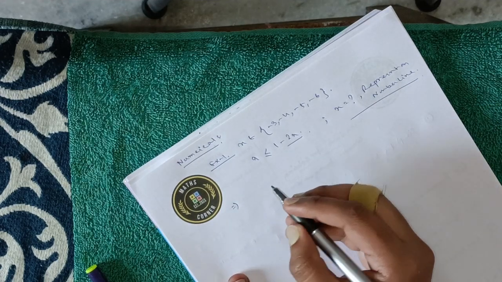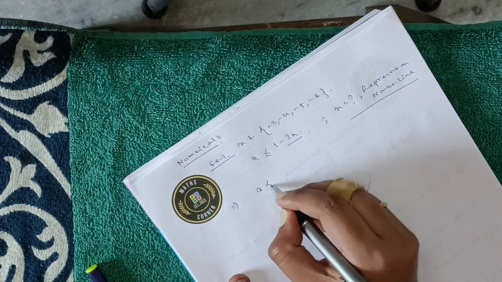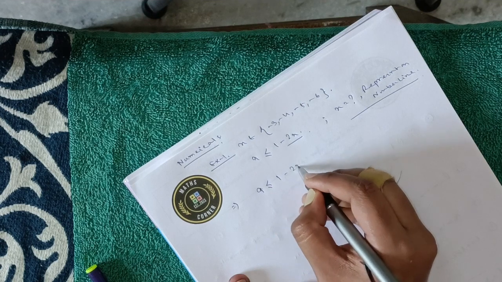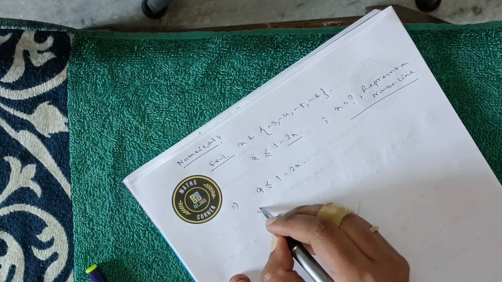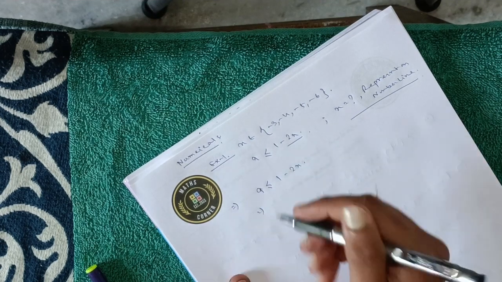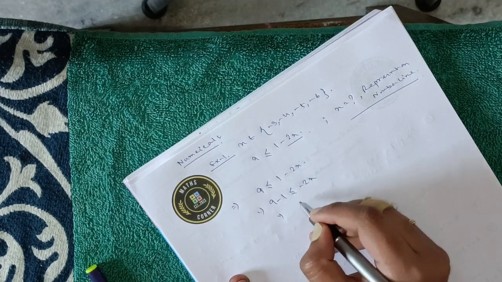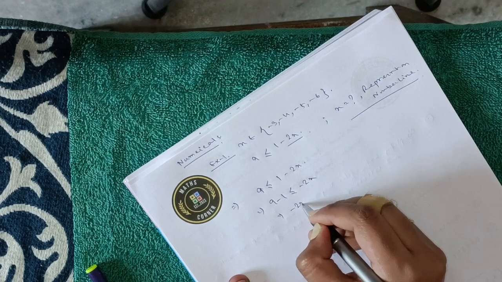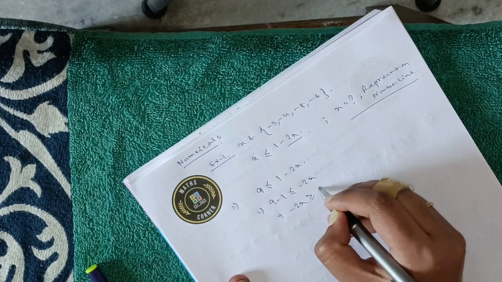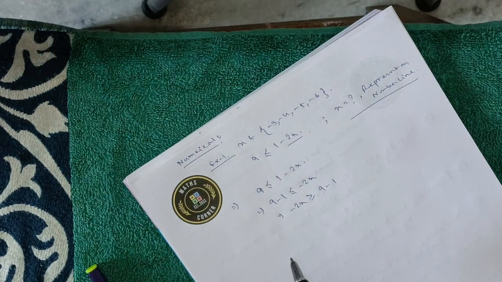So first we have to solve this equation. Carrying on, 9 minus 1 minus 2x, we can write it as minus 2x, then 9 minus 1.